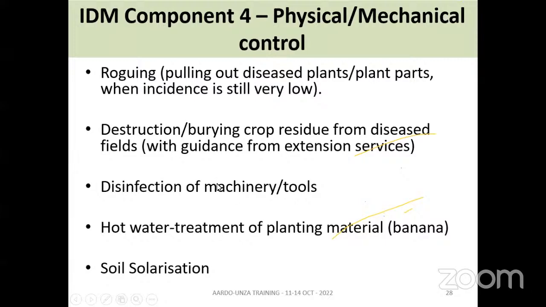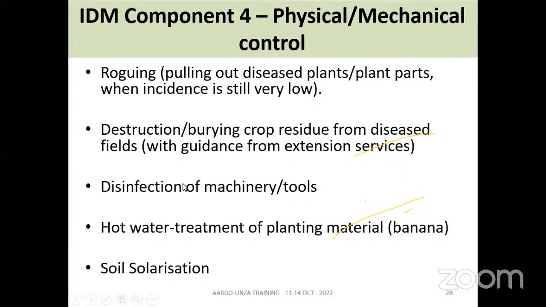Now, when it comes to destruction, I know we shouldn't be banning, you know, debris. Maybe burying can work because it's still going to be part of organic matter. But this requires some guidance from extension people because there are some pathogens, some saprophytes, you bury them, you don't kill them. They actually continue living on that dead tissue until the following season.